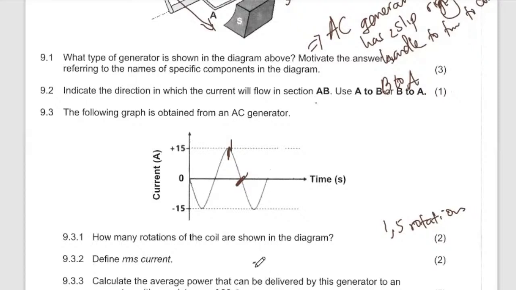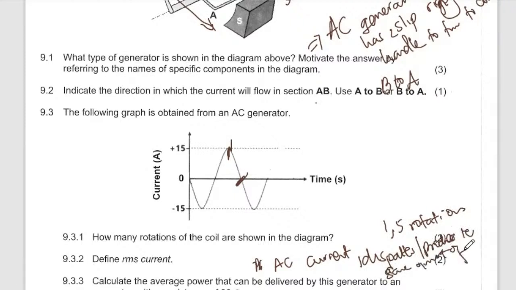This is saying it is the AC current which dissipates or produces the same amount of energy as the DC.